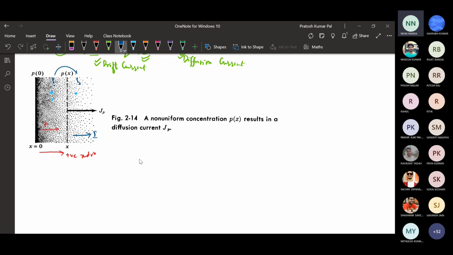This current resulting from the holes we can call Ip, the current because of the holes. This current will have some current density with respect to the volume, jp, in the positive x direction.